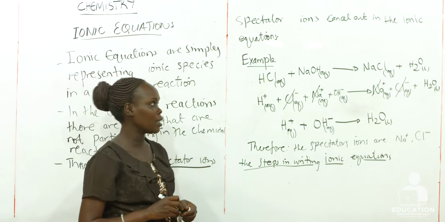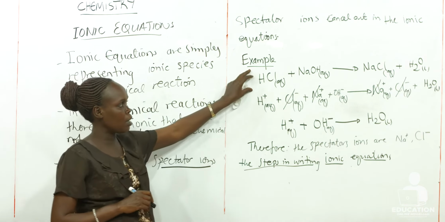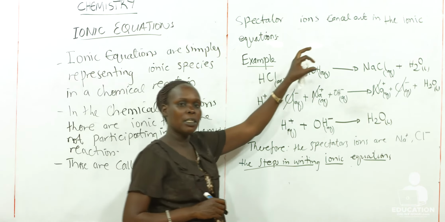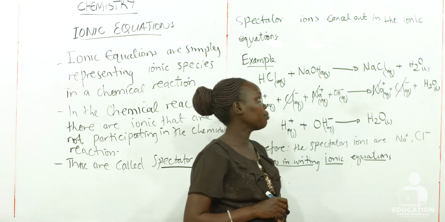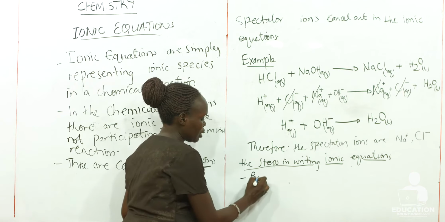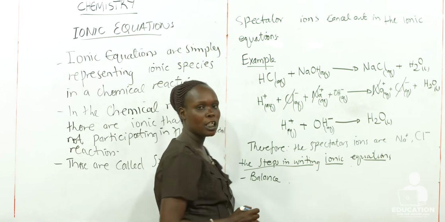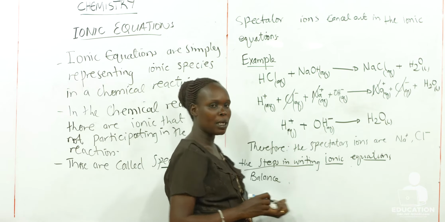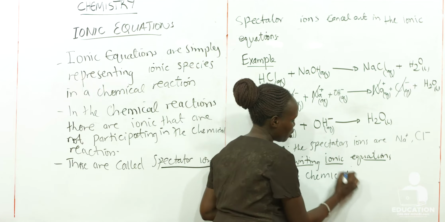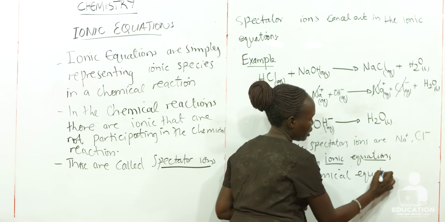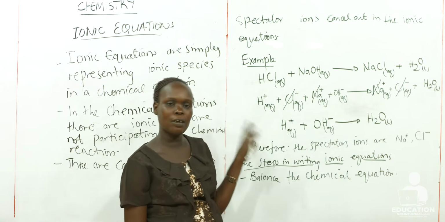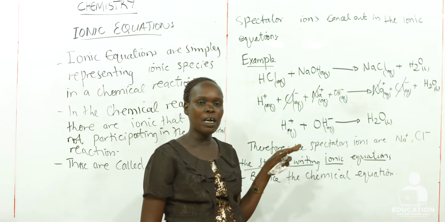Step one in writing an ionic equation: first of all, you need to balance the equation. As you have seen, the equation above is balanced, and the atoms on the right hand side are the same as the atoms on the left hand side. Balancing the chemical equation, we have seen this before: you count the number of atoms on the right hand side against the left hand side.